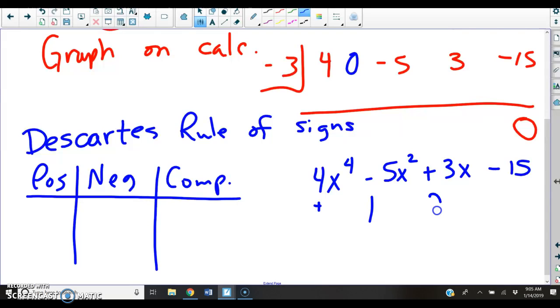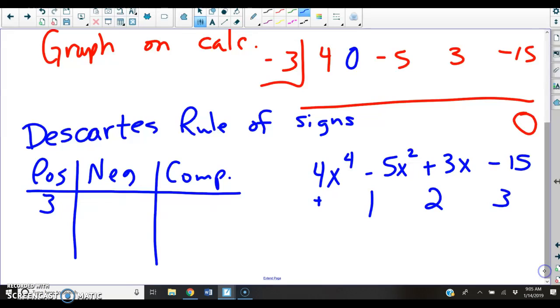Then it's positive again, so that's 2, and then negative again, so that's 3. So there's 3 possible positive real roots.